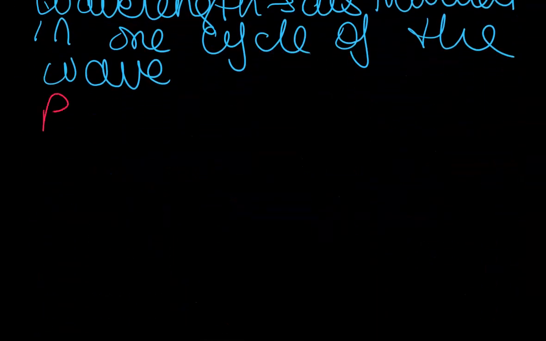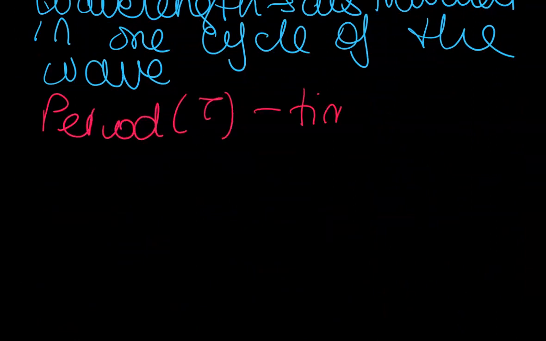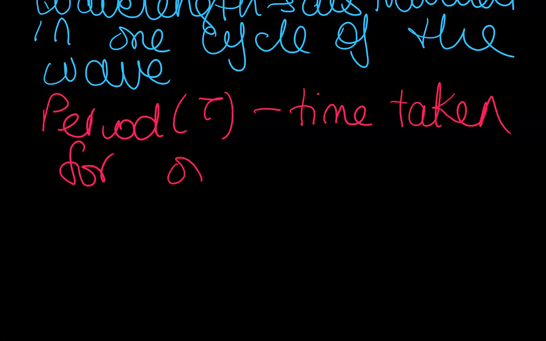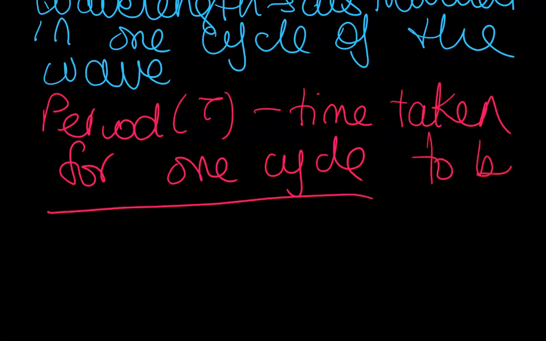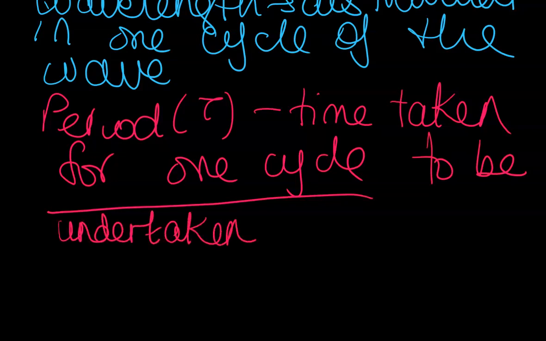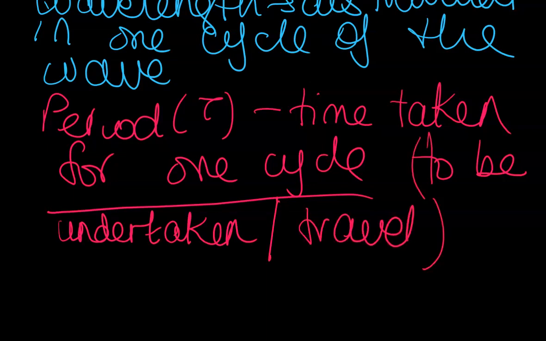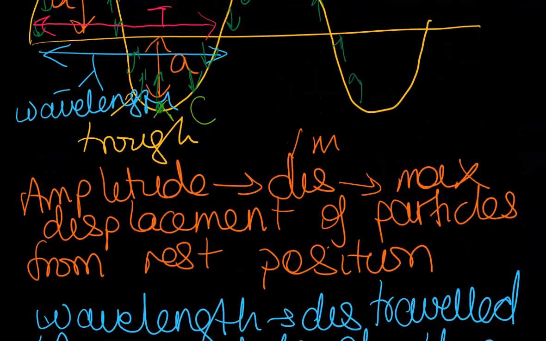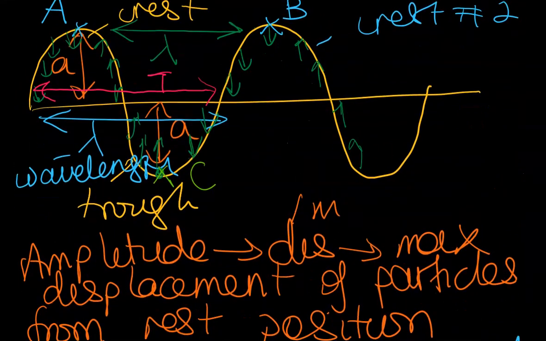Now the period T is a time value, and it is the time taken for one cycle to be undertaken, or the time taken for one cycle to travel. Okay, now it is a time measurement, and it is measured in seconds.